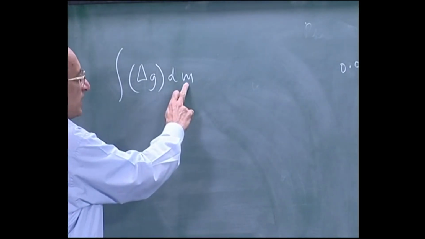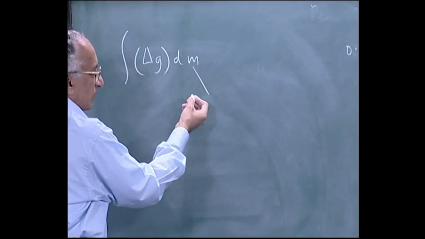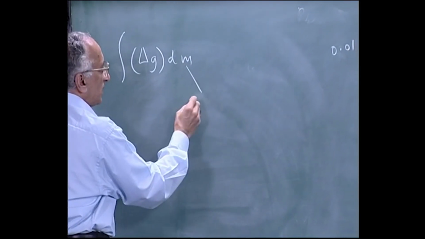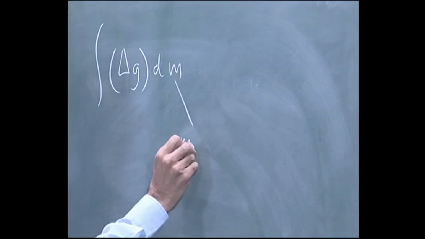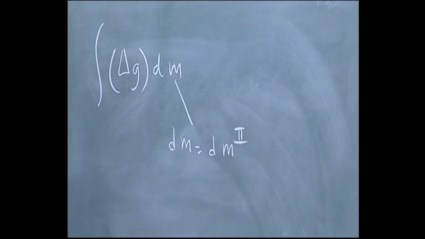This mass could be any of them because the mass leaving 1 is the same as the mass entering 2, so I can start with either one. Let me start with this m: dm is equal to dm in tank 2, because in tank 2 mass is increasing, you are looking at the flow through the system. It is also equal to minus dm1, could use either one.